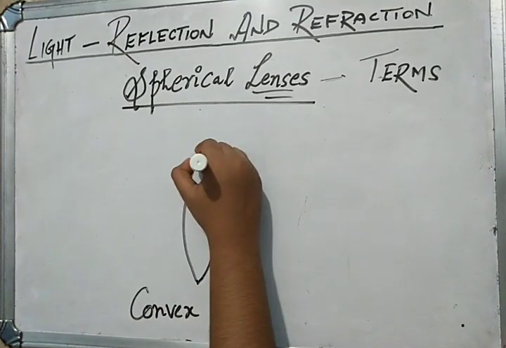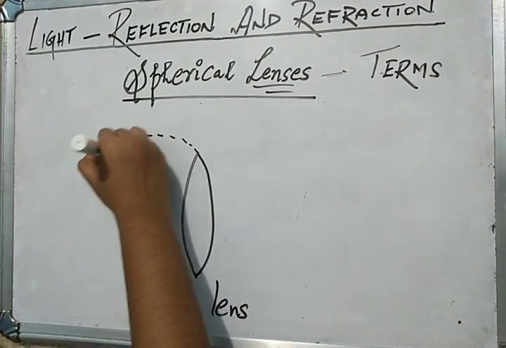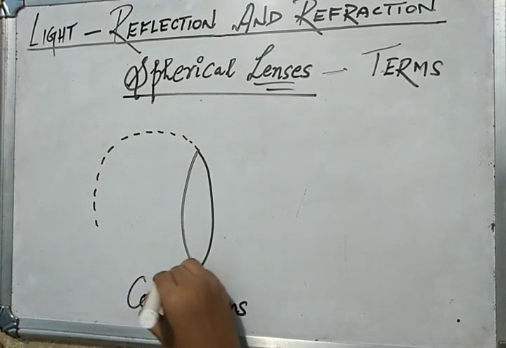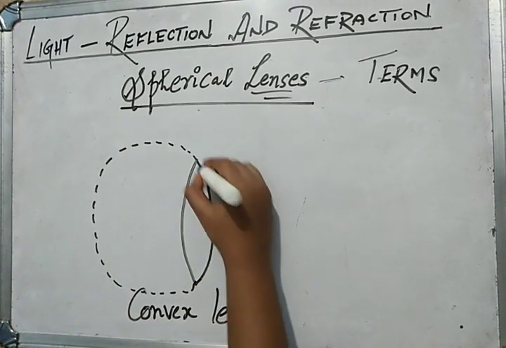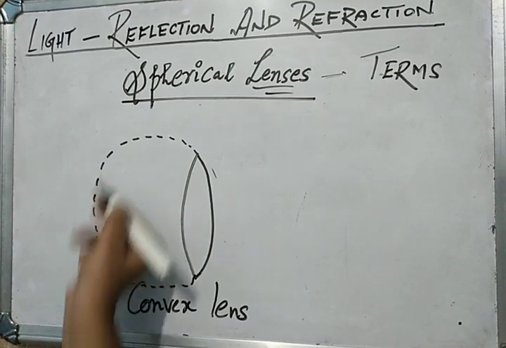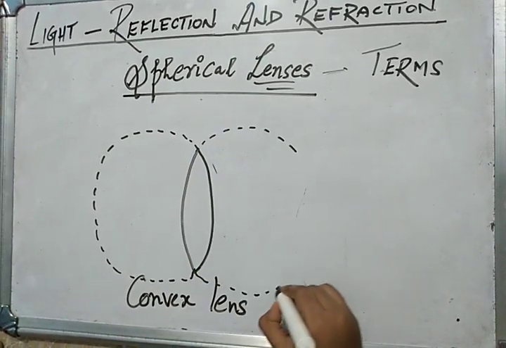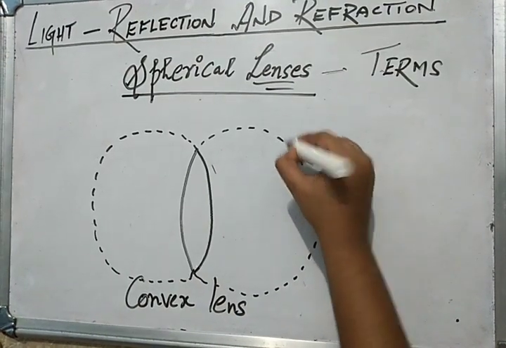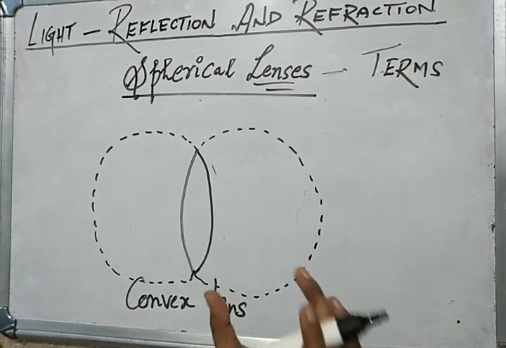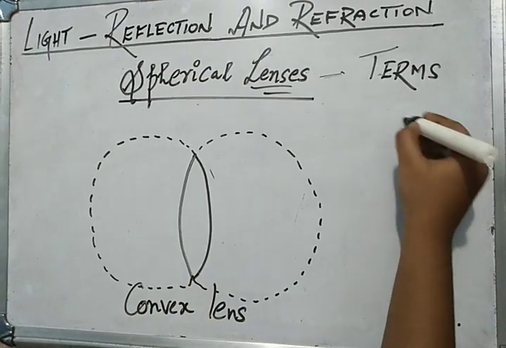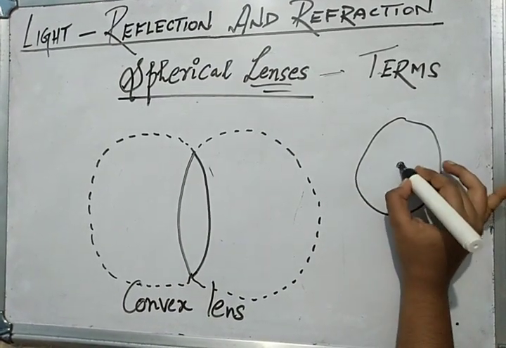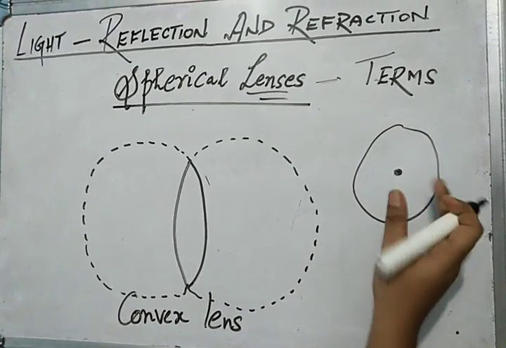How is the sphere formed? It is something like this, and this is the sphere, and over here the sphere is something like this. Alright, both are spheres. Now spheres have a center, right? Each sphere will definitely have a center. Without a center, how can you draw a sphere?